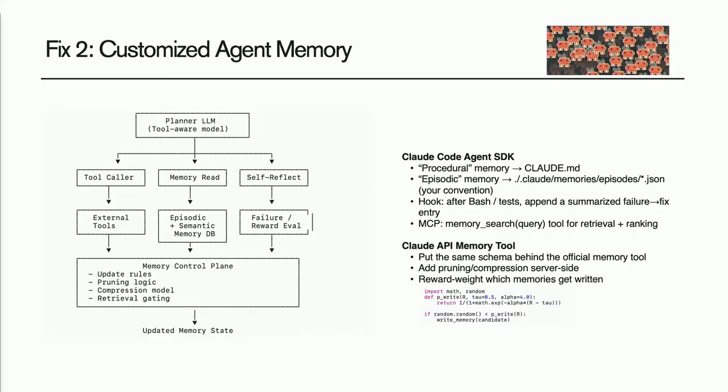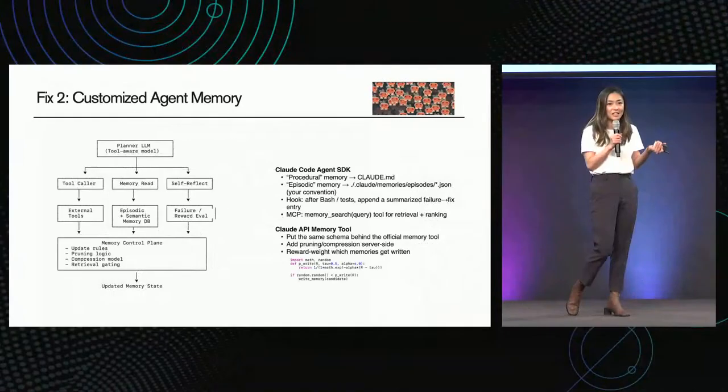We also put a very lightweight reward model on what kind of memory gets written. I do want to claim that it is working in our production now, but very likely in the next 3 to 6 months, this is going to become tech debt. It depends on how fast our agent evolves.